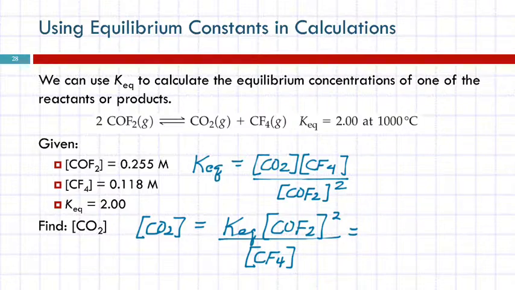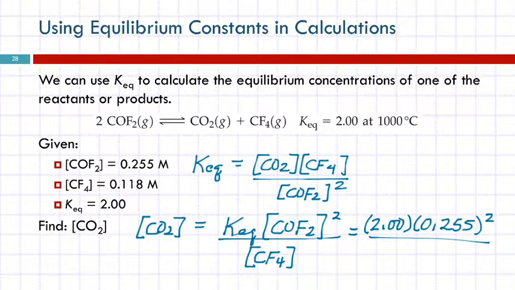If you have trouble rearranging those, please come talk to me. So now I'm just going to plug the things in. 2.00 for the equilibrium constant. COF2 is 0.255, and that's squared, divided by the CF4 concentration, 0.118.